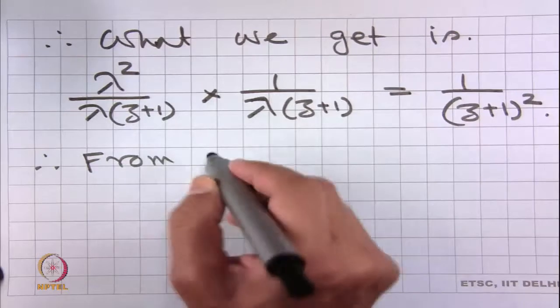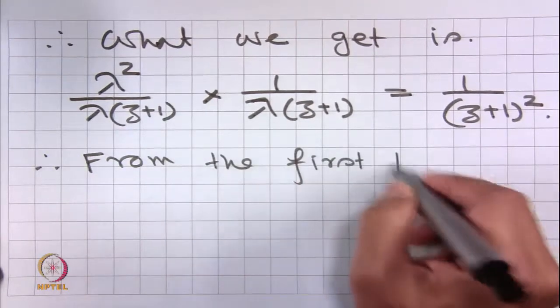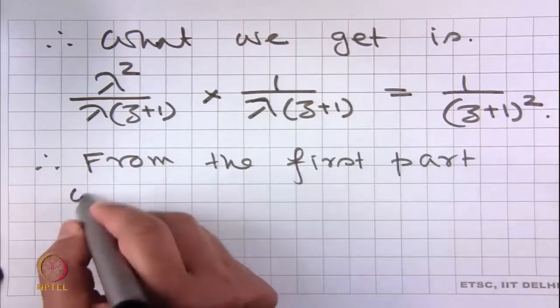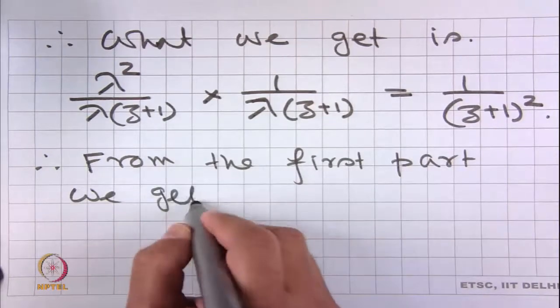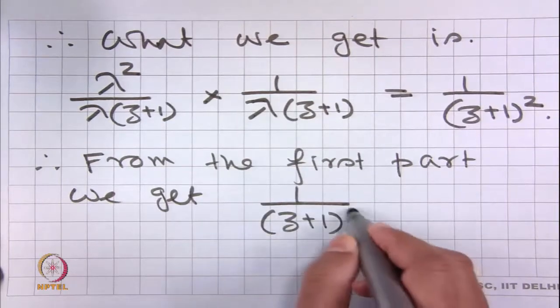Therefore, from the first part we get 1 upon (z+1) squared.